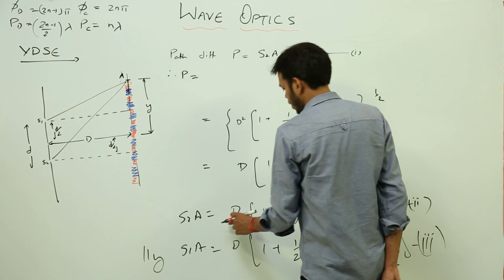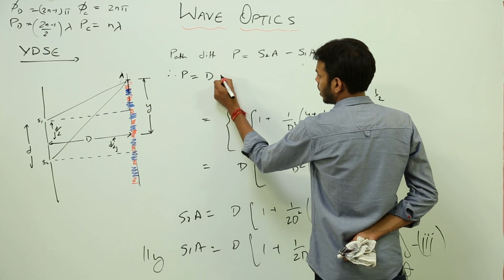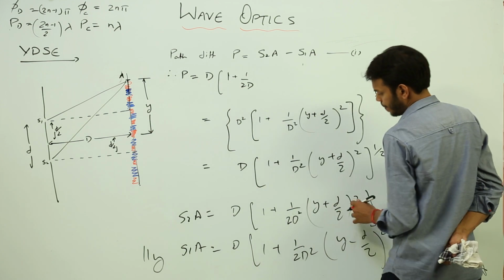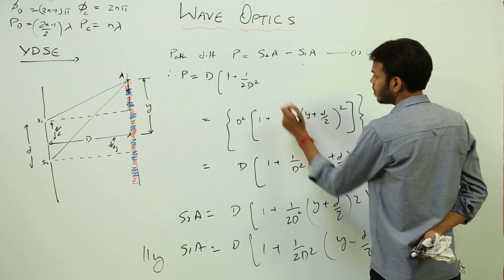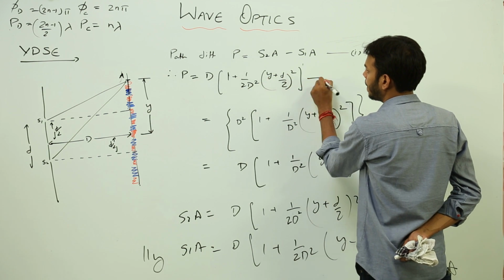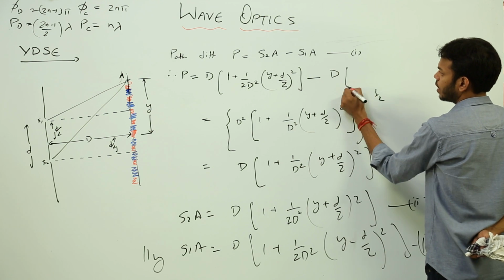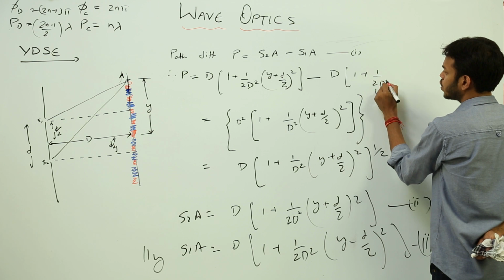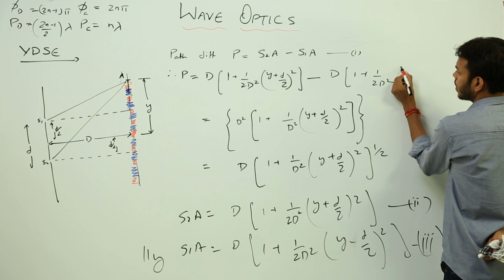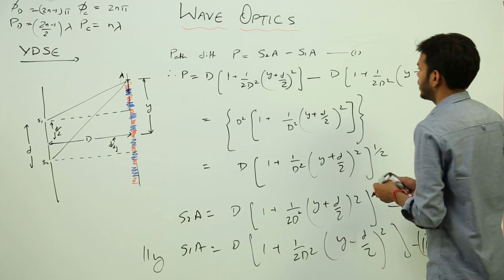So P will become, first of all, this minus this: d, 1 plus 1 upon 2d square, y plus d upon 2 whole square, minus d, 1 plus 1 upon 2d square, y minus d by 2 whole square, right? That's all.